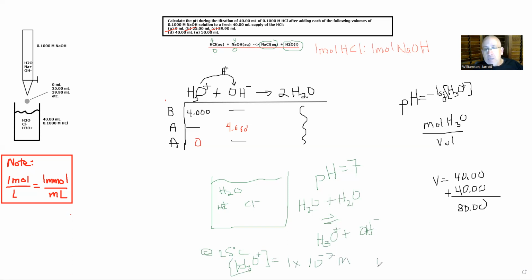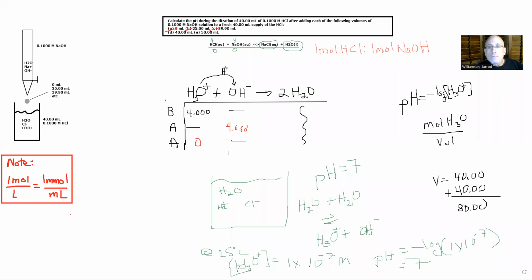And when I take the minus log of 1.0 times 10 to the minus 7 molarity, that gives me a pH of 7. So don't just say, well, it's neutral and the pH of neutral water is 7. You got to tell me why. Well, because in pure water, the measured hydronium ion concentration is 1.0 times 10 to the minus 7. Take the minus log of that, you get a pH of 7. Okay.